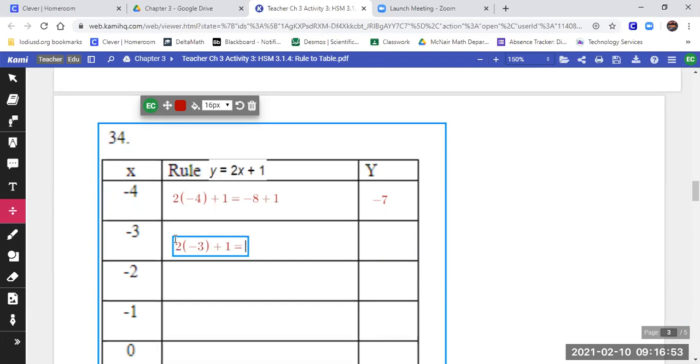It's how much? Two times negative 1. Come on, guys. What's 2 times negative 3?